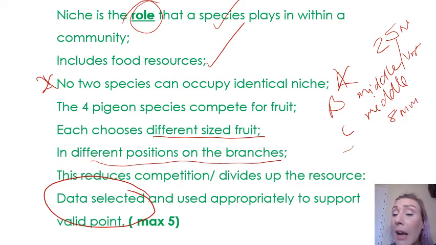So therefore they might have some overlap in where they are eating the fruit, but they're eating fruit of different sizes. So I'm quoting the data. That would be stronger. I wouldn't give myself those 2 mark points unless I'd extracted examples from the table in that way.